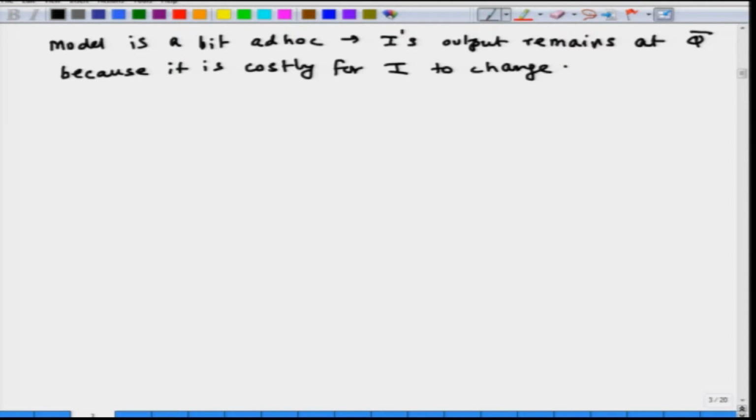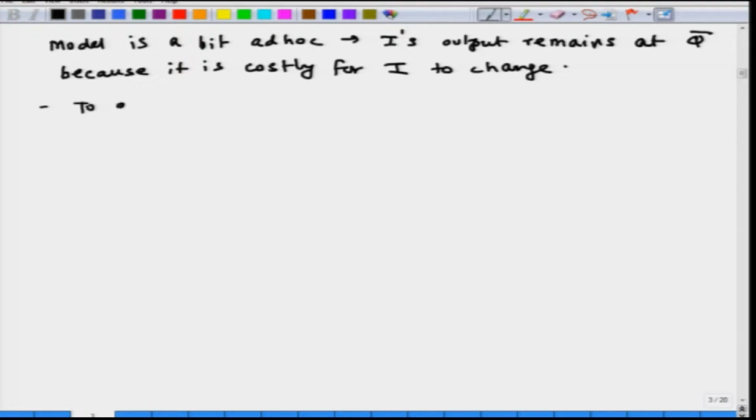Now, to have a richer model, we need to relax this assumption and look at what happens in the post entry game between the entrant and the incumbent.